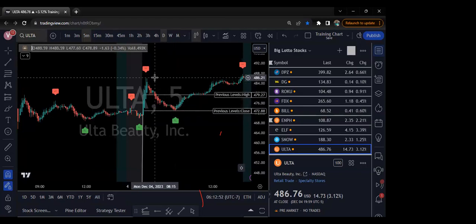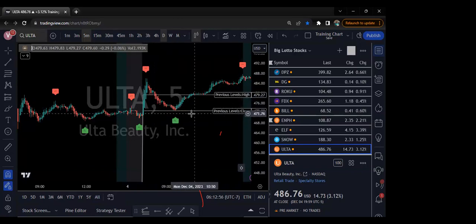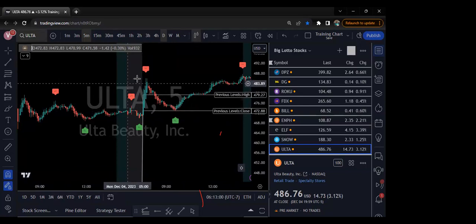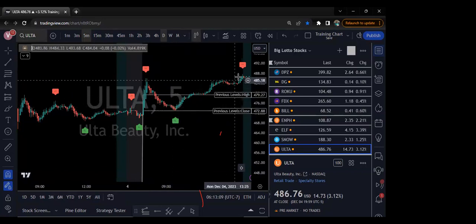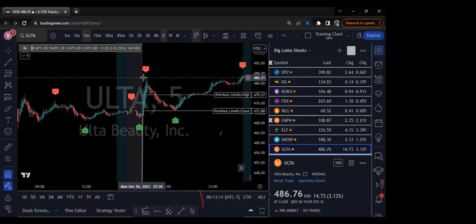Now, if you look, this went from 486 to 472. So, of course, when this stock opens above the previous day high, puts are cheap. So you can either trade this or you can wait to ride it back up. So when you look at the contracts, if you're saying, okay, I don't want to trade puts, I want to wait.